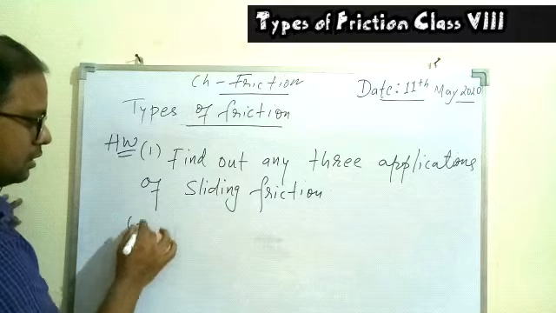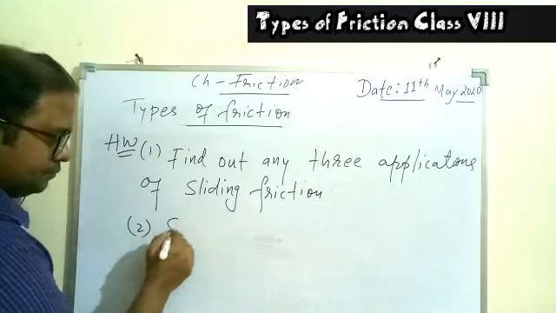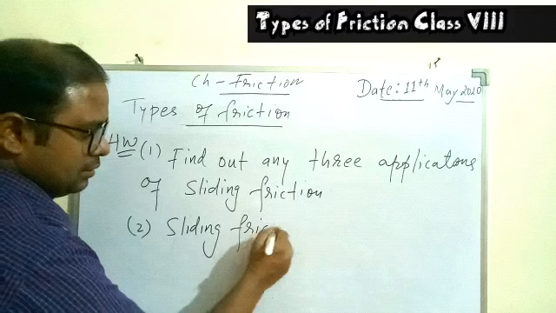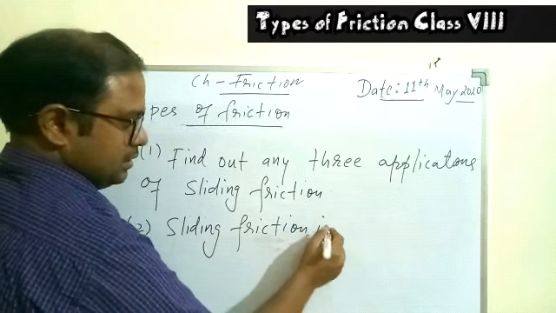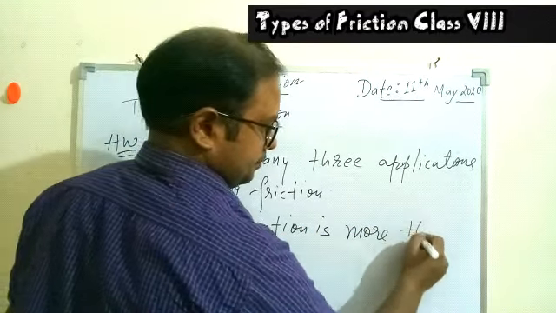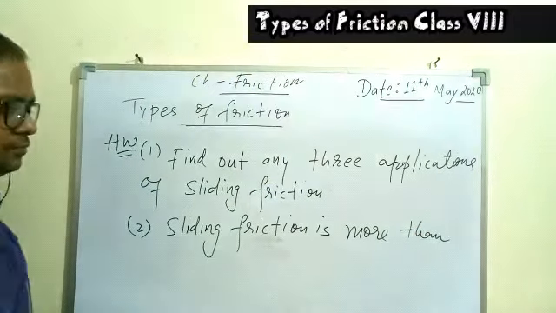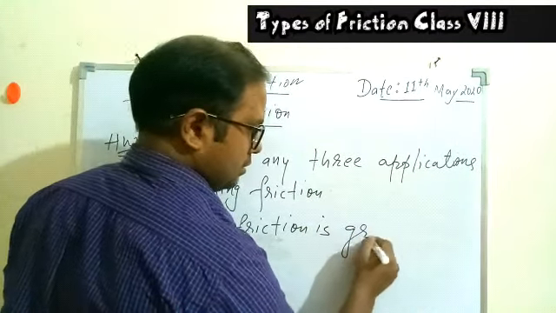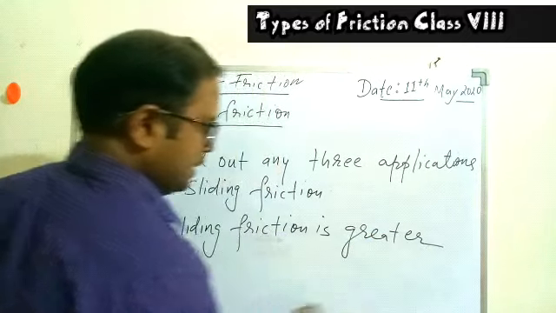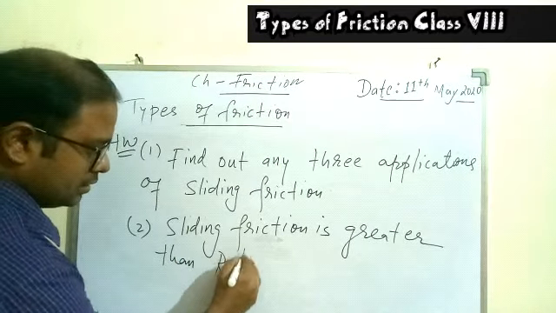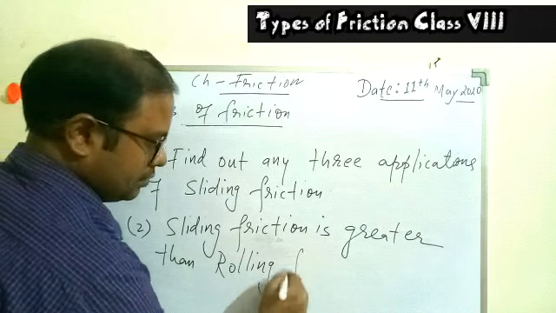And the second question is: sliding friction is greater than rolling friction.